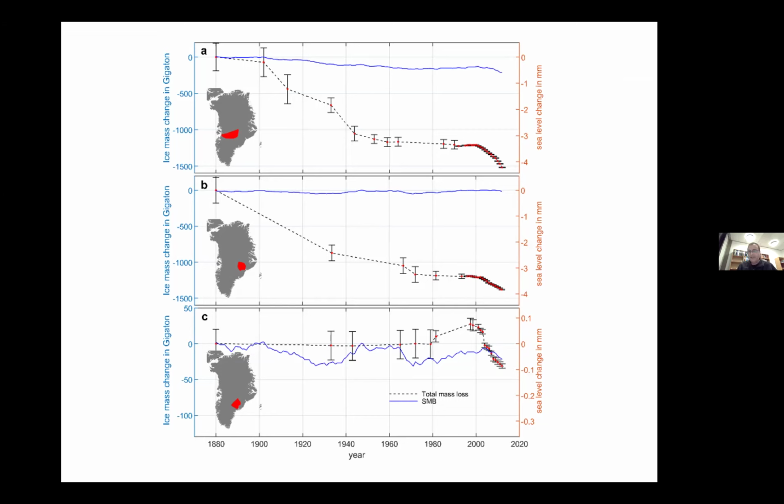For Helheim, it's much less. The blue curve denotes mass change due to SMB, and in this case we use a model from Jason Box. What we see here is that the thinning and mass loss is mainly due to ice dynamics.